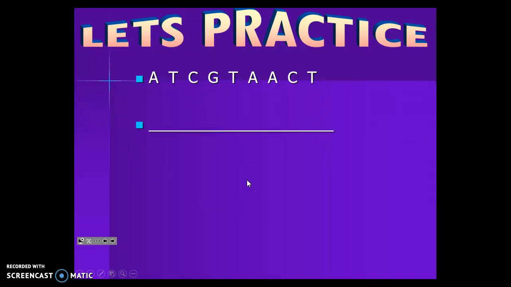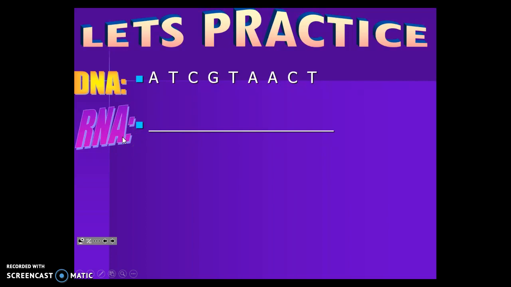So on page 10 in your note packet, we're right at that practice section. Let's do this practice together. This is not in your note packet. I will get to the one in your note packet in just a second. So we know that this first molecule is DNA. We can see thymine present, and we're being asked to create RNA, specifically messenger RNA.